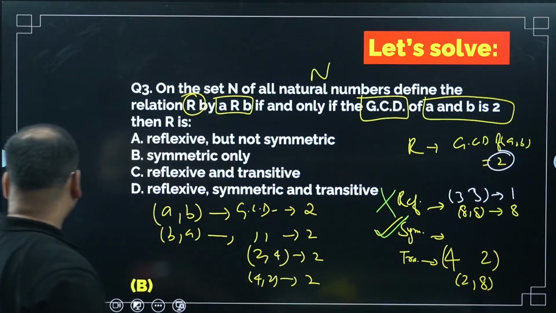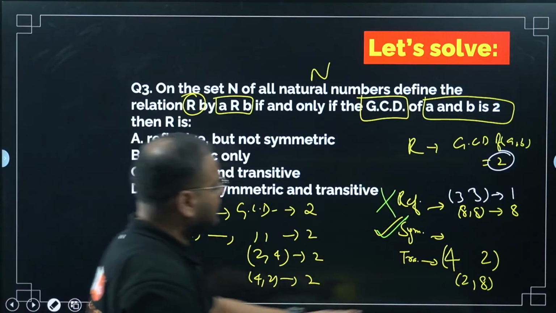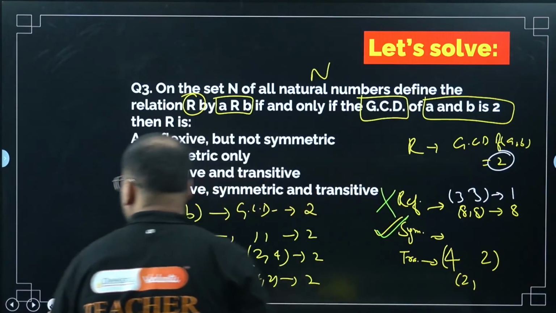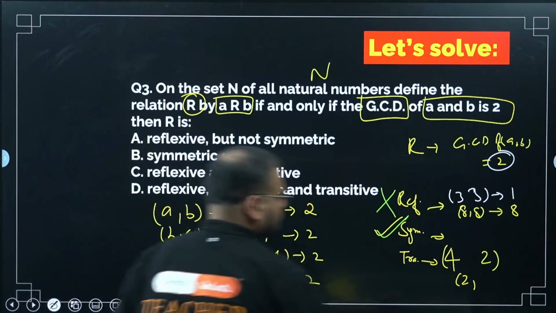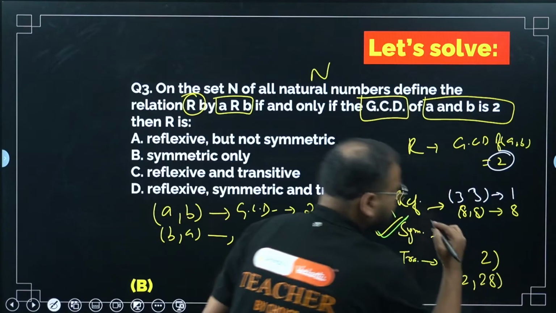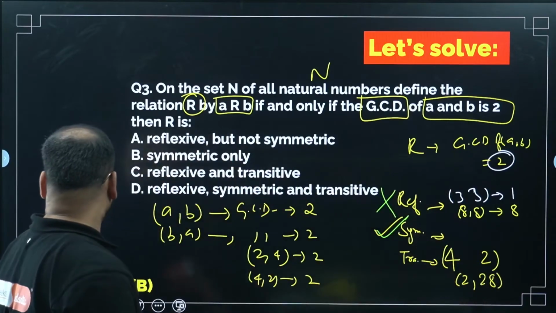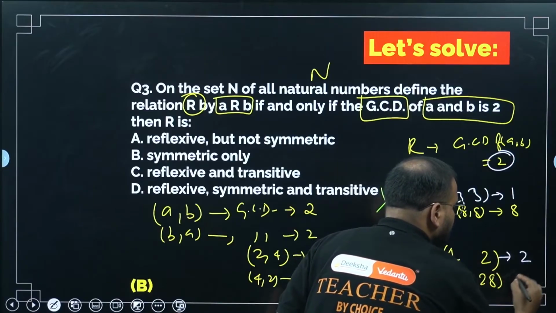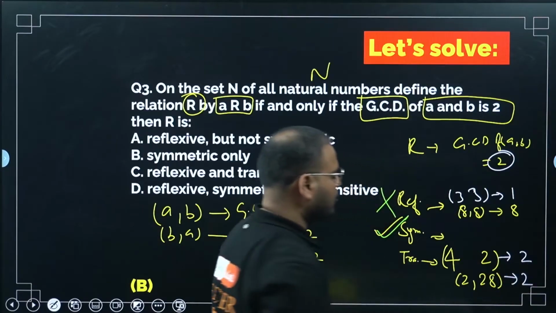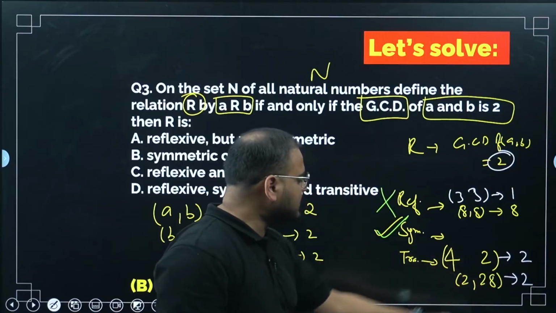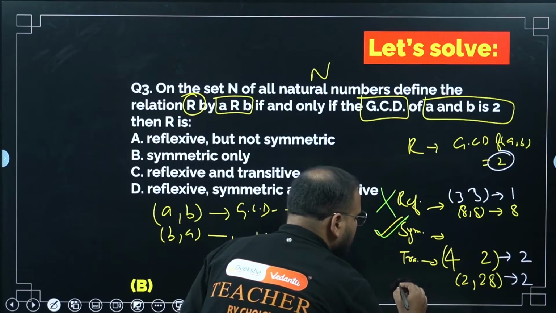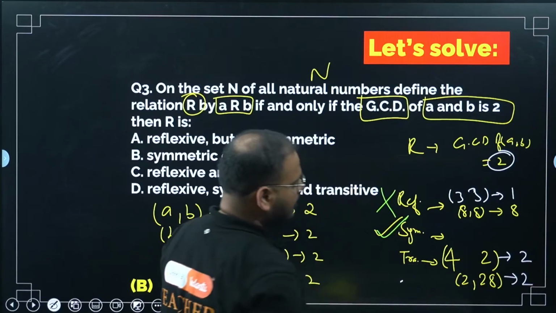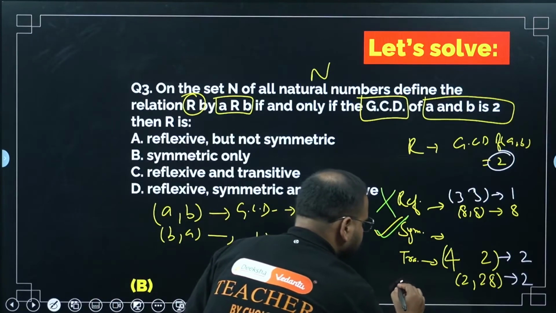Not 8, forgive me, 2 comma 28 we can take. What's the GCD over here? 4 comma 2 GCD is 2. 2 comma 28 GCD is also 2. So A B, B C. What is A C going to be? A C is going to be 4 comma 28.